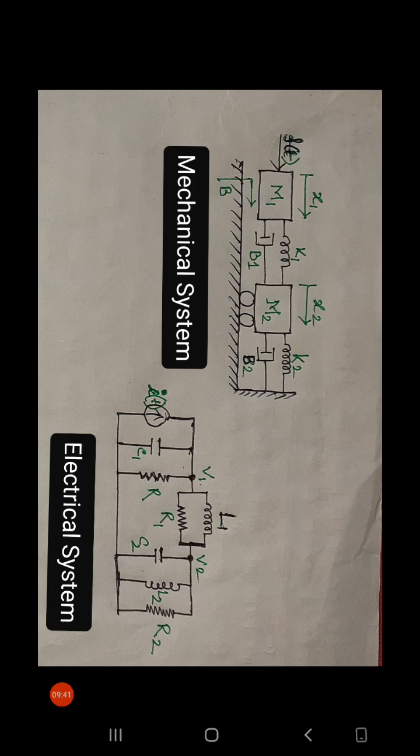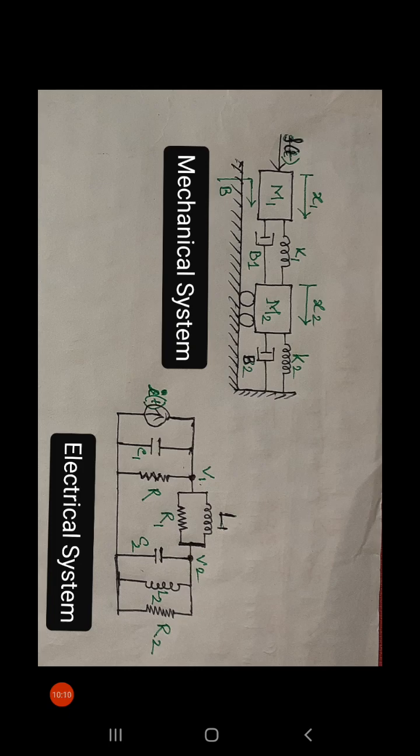See the electrical circuit. That is why I am connecting a current source with the V1 node. The next element is mass element M1. M1 itself means capacitance, so for the same node a capacitance C1 is also attached.